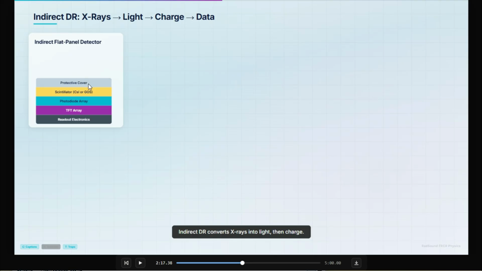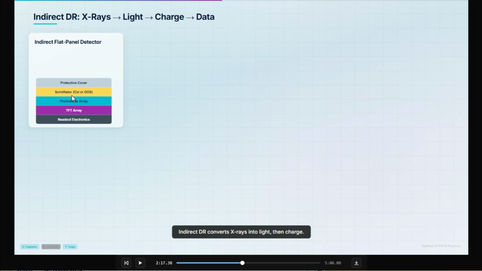We have a protective cover and a scintillator, which is mostly cesium iodide or gadolinium oxysulfide. Cesium iodide is mostly formed like needle-like crystals, which channel light toward the photodiodes. From the photodiode, the TFT converts the charge into signal. Then the signal is taken to the readout electronics.